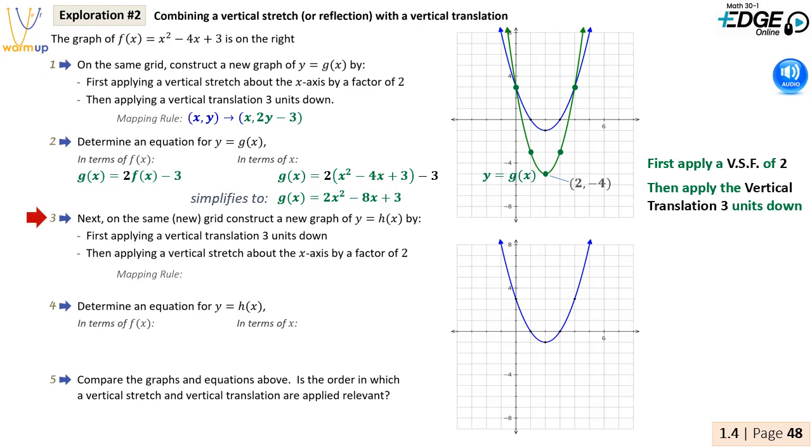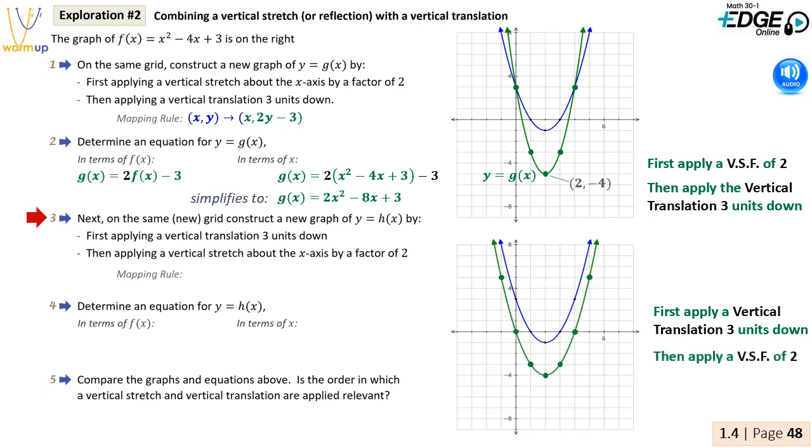Now let's try the vertical translation 3 units down first, before the vertical stretch by a factor of 2. After our first step, we see that our vertex of (2, -1) has become (2, -4).